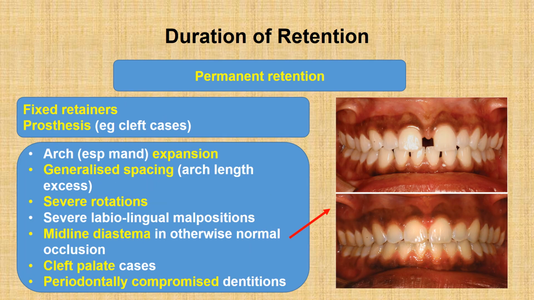Now, permanent retention. Permanent retention is usually obtained via fixed retainers or by making use of fixed prosthesis in cleft cases. Now, this is utilized in situations where the arch, especially the mandibular arch, has undergone expansion with treatment.